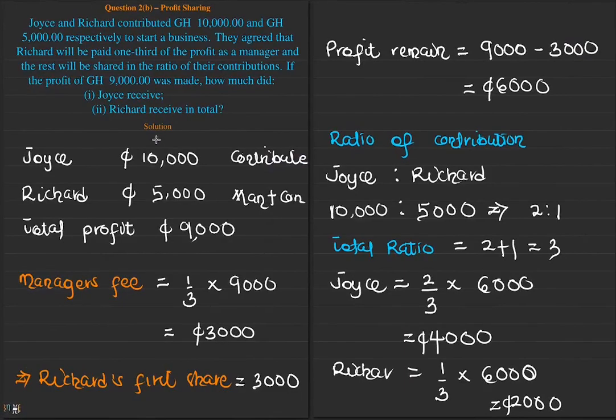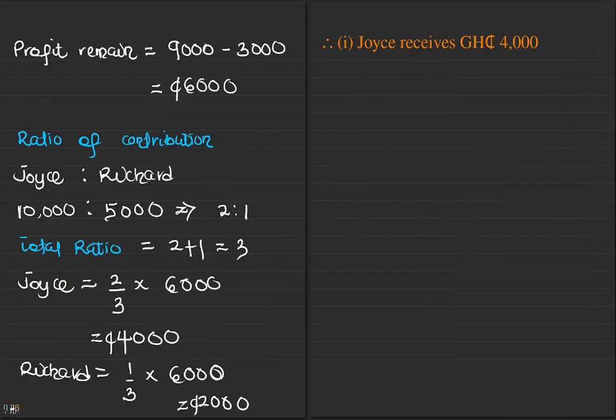Now the second part of the question says, how much does Richard also receive in total? Remember, Richard being the manager received an amount as the manager's fee, which was what? 3,000. Before, he also received an amount as a contributor. So to get Richard's total share, that is going to be the amount he receives as a manager plus the amount he also receives as a contributor.